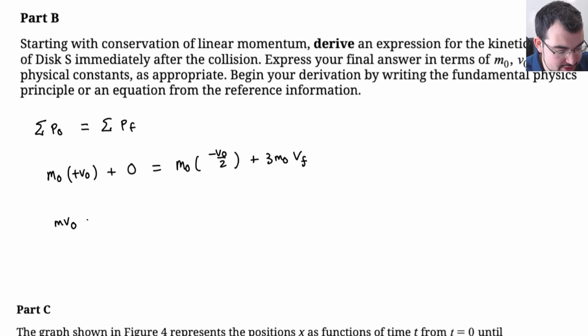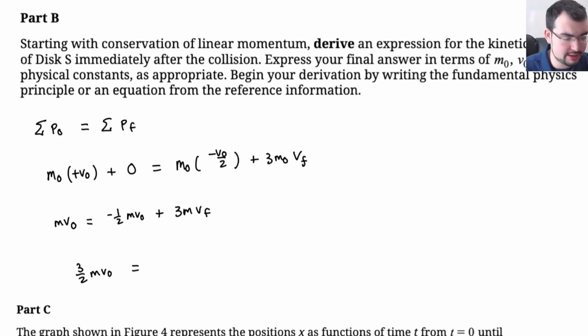So we get mv0 equals negative 1/2 mv0 plus 3m vf. So we get the result from earlier that 3/2 mv0 is the momentum of the larger disk. And we can cancel the 3.